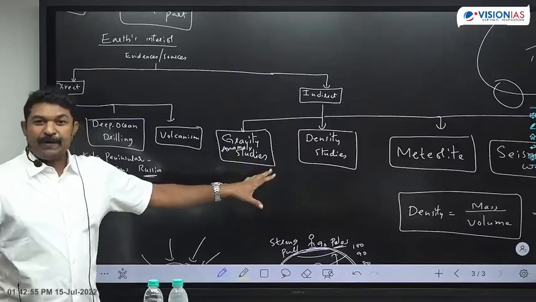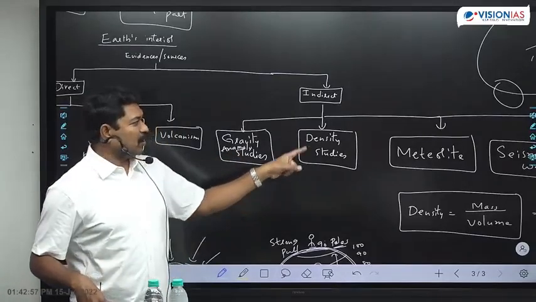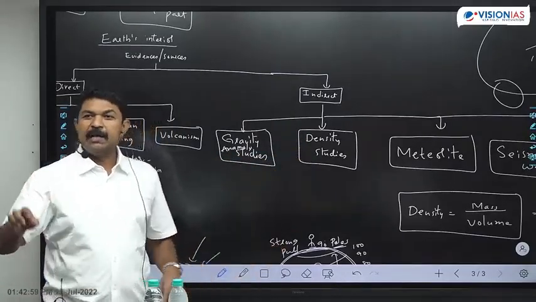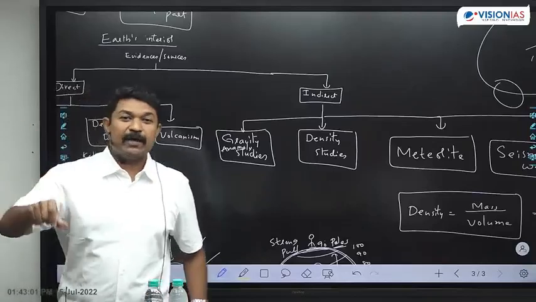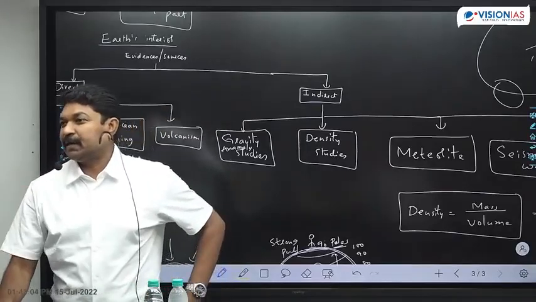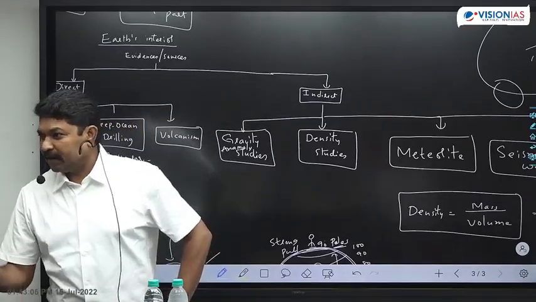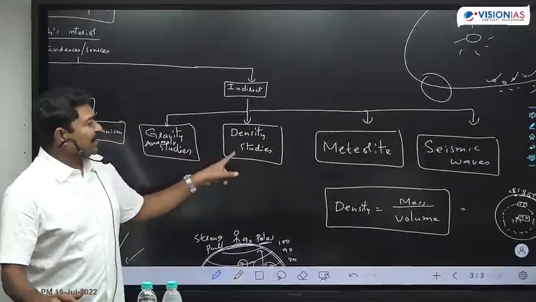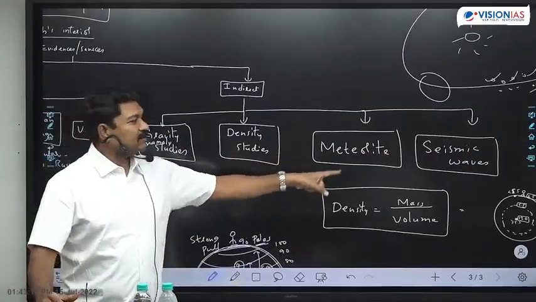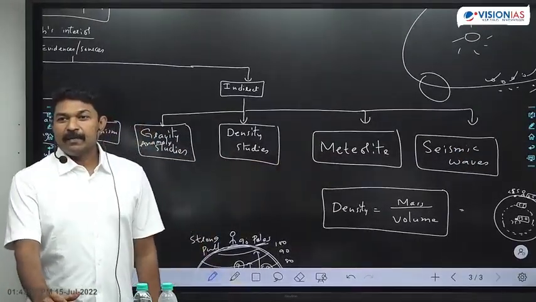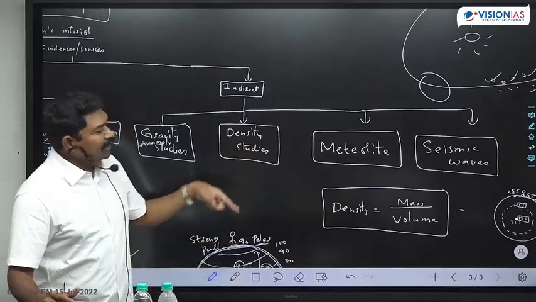Need not explain what you mean by gravity anomaly studies or density studies. Just say that the gravity anomaly study is one of the indirect sources to interpret the earth's interior. The next one, the density studies, then meteorites, then seismic waves. Then why are we explaining all these things?